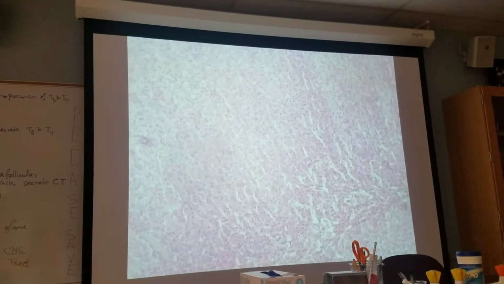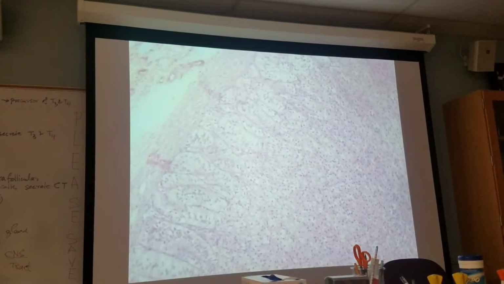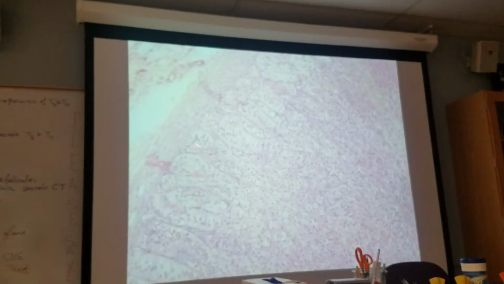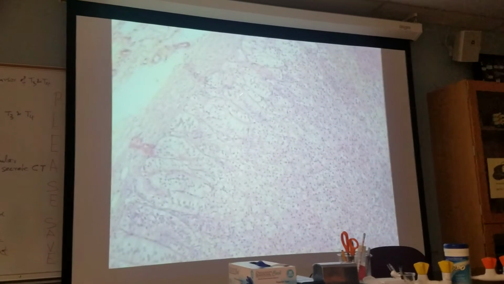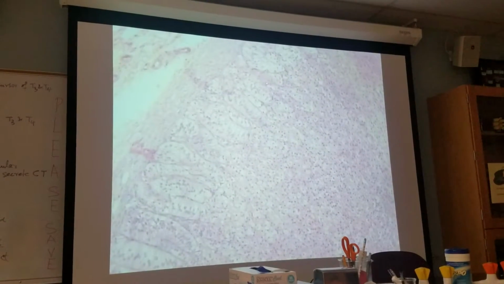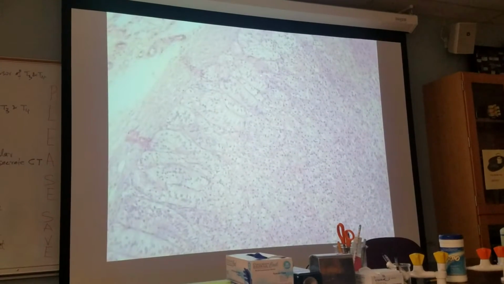There are three distinct zones of the adrenal cortex. This is the capsule. This zone is very much unique. This is called zona glomerulosa.